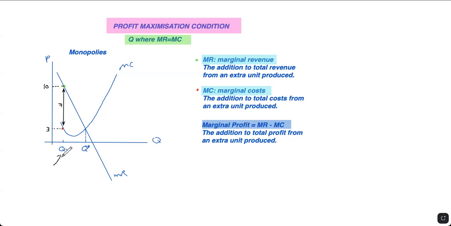So let's say that my total profit before Q1 was 100. By the time that I get to Q1, my total profit has increased by 7, and it's now 107. So you can see even this next quantity, let's call it Q2, still adds more to revenue than it adds to the costs.